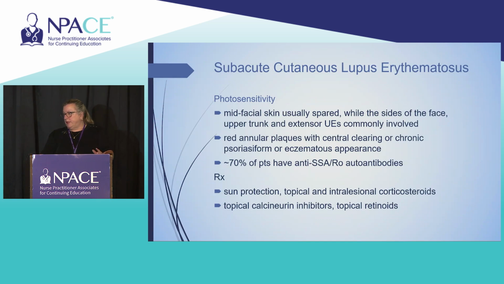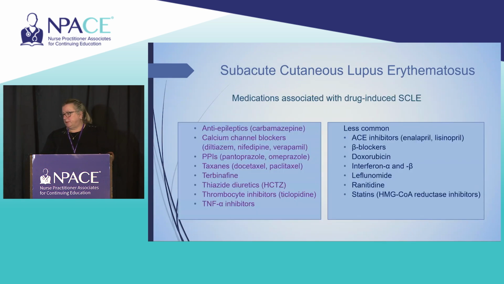The lesions may be red annular plaques, like on the young woman we just saw, or they can have a more chronic psoriasiform or eczematous presentation, like the young man we just saw. And 70% of patients with SCLE will have anti-Ro autoantibodies.